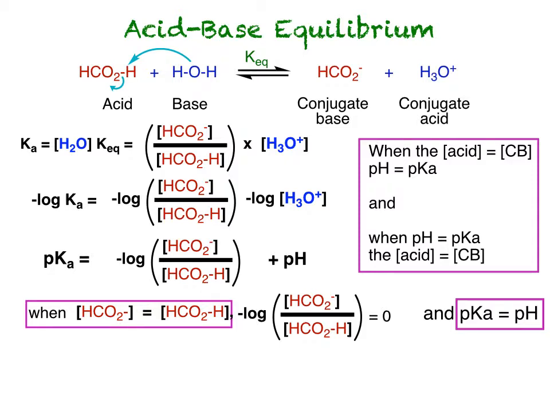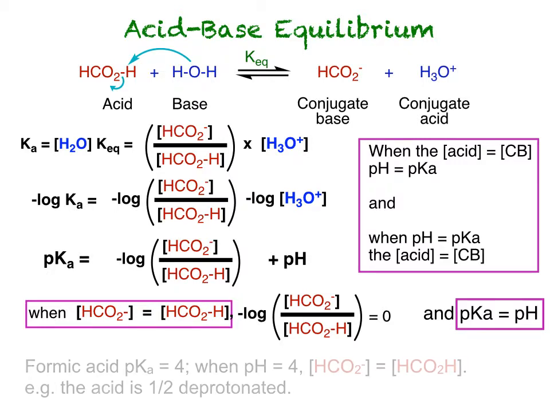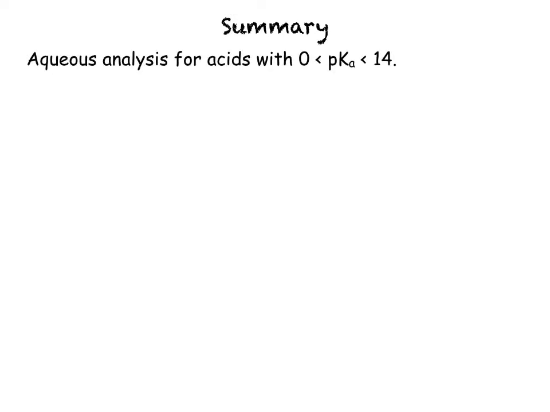But also when pH is the same as pKa, the acid and the conjugate base concentrations are equivalent. They're identical. So again, for formic acid, pH equals 4. At pH of 4, the conjugate base and the acid are in identical amounts, and essentially the acid is half deprotonated at that pH.